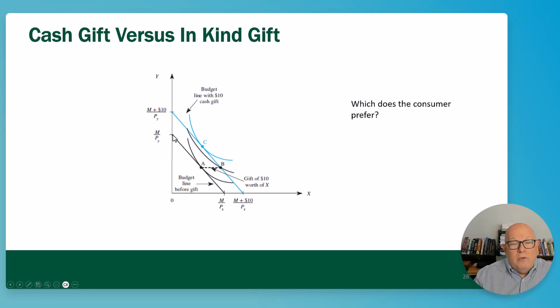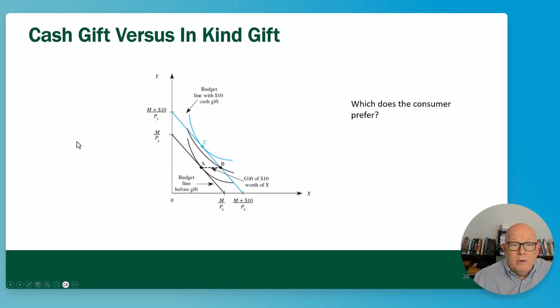Then the budget line is going to go from here to A, it's going to shift out to B, and then it's going to continue to here. In that scenario, they're going to have to use that $10 to buy our good versus the substitute, the alternative good. So from a producer standpoint, we don't want to give a cash gift because they're likely to spend that on something else. It's better to give an in-kind gift.